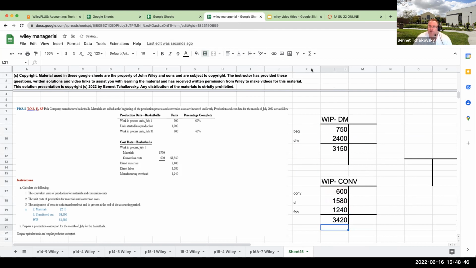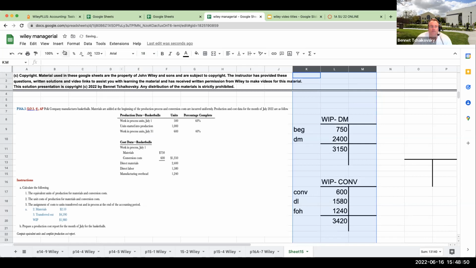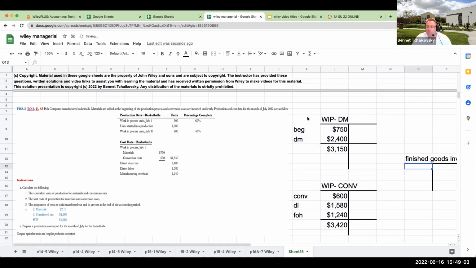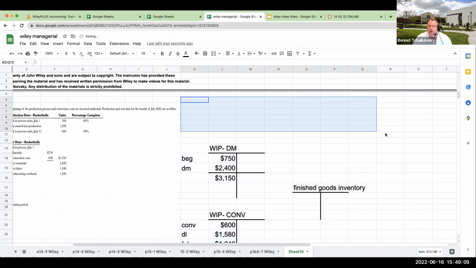All right, so let's take a look at equivalent units.